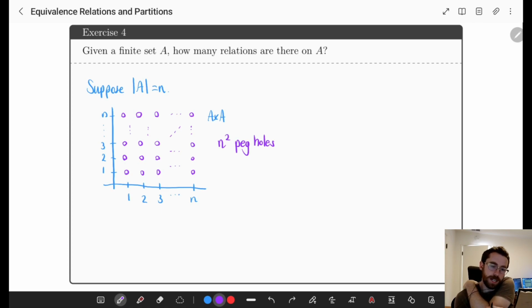So how many possible relations are there? Well, one way to think about this is to turn on your binary brain and realize each of these can either be colored or not colored, filled or not filled.